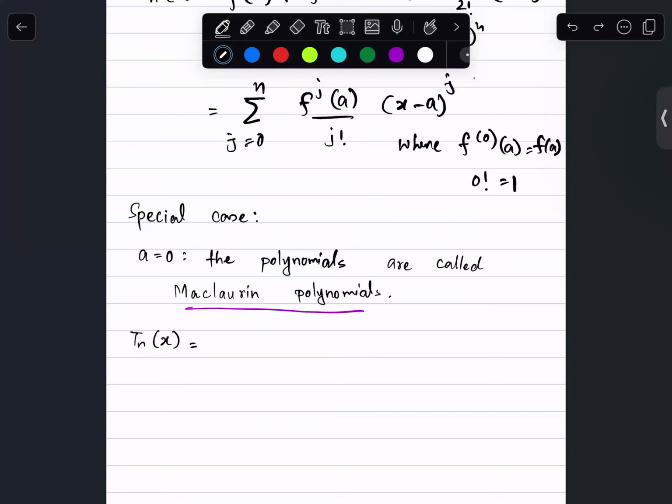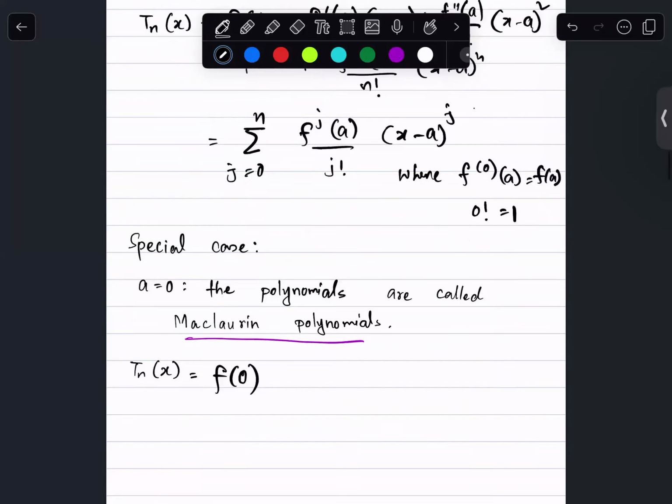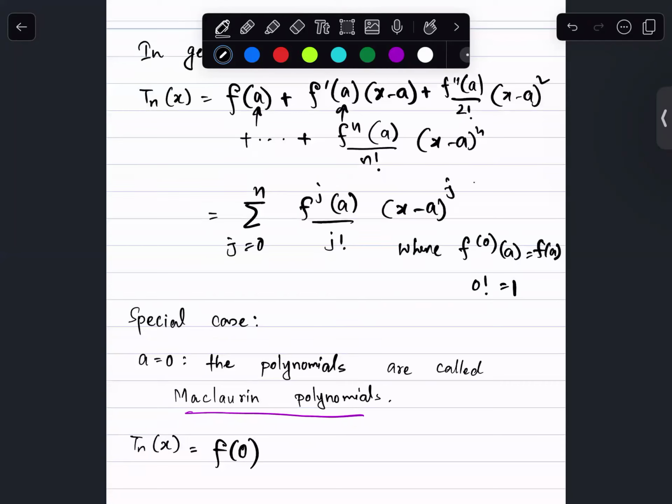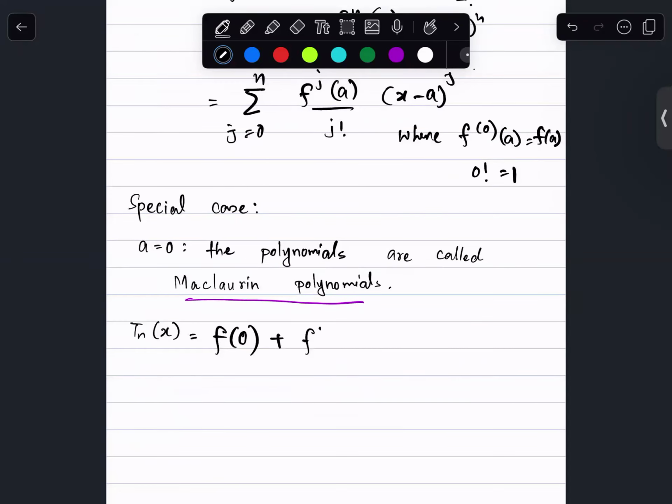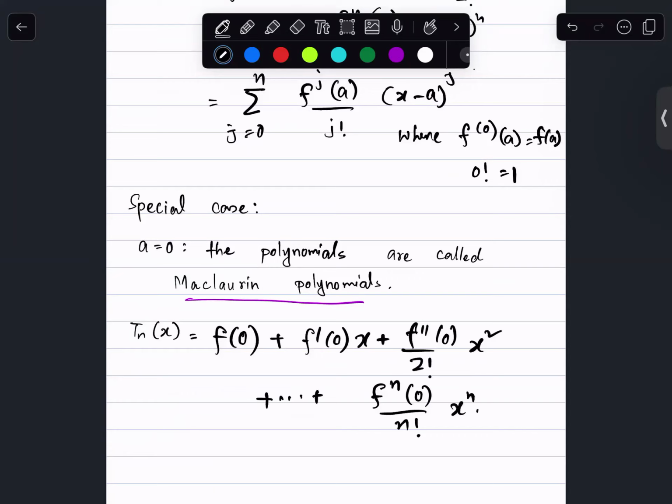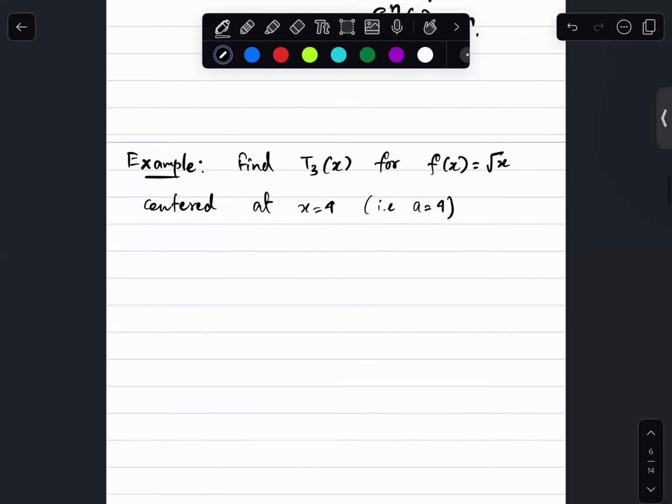The Maclaurin polynomial of degree n will look like this. Remember, all the a's are replaced by 0. So I'll get f(0) plus f prime(0) times x plus f double prime(0) over 2 factorial x squared, plus so on, the nth derivative at 0 over n factorial x to the n.